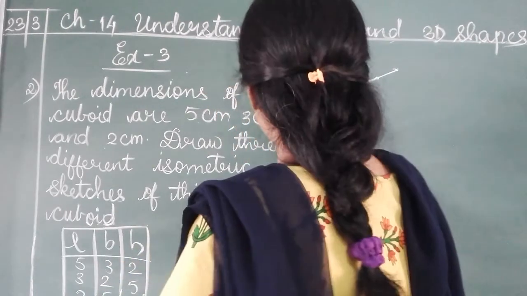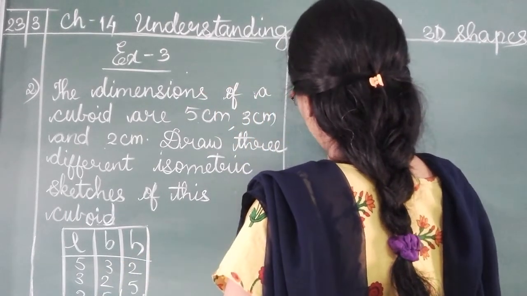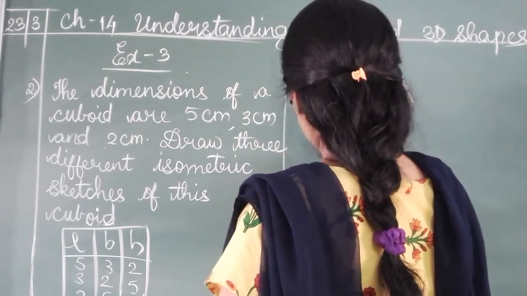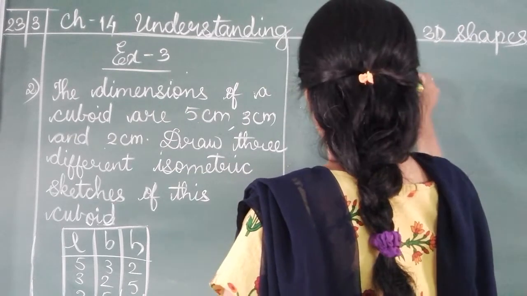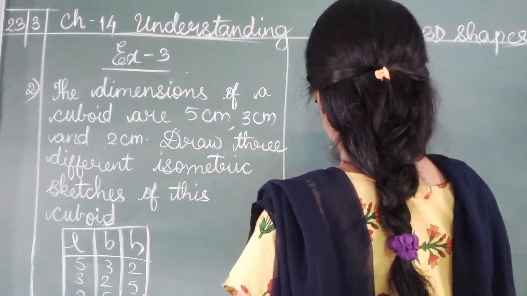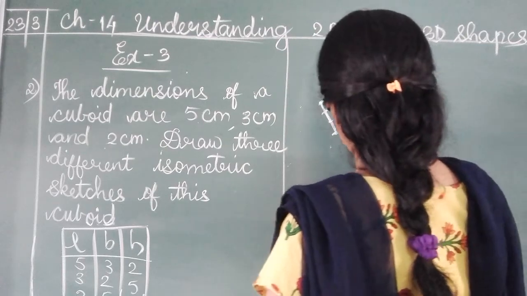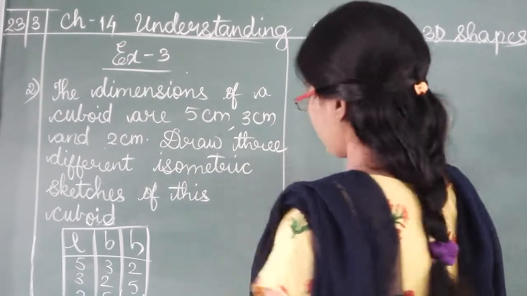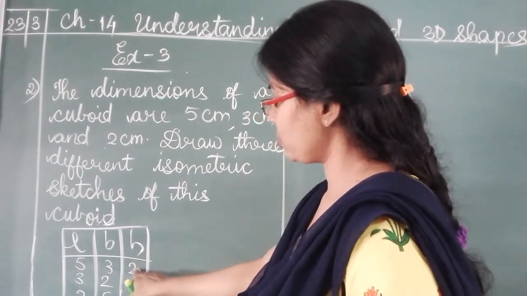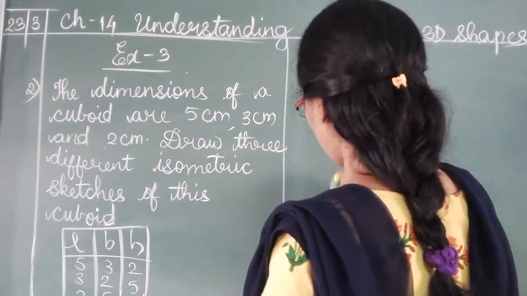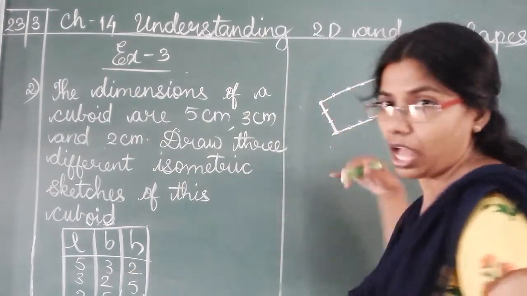Next, 3 is the breadth. So let's go down 3. 1, 2, 3. Then if this is joined, this is the measurement. The height is 2. So either you can go down or you can go up.